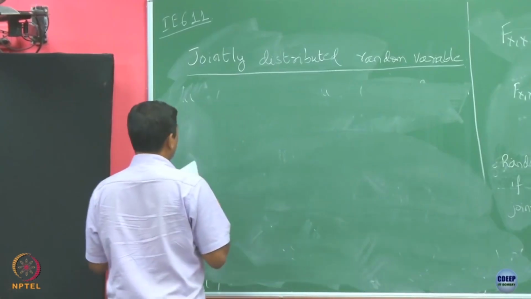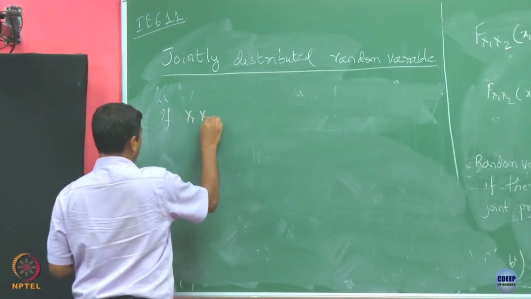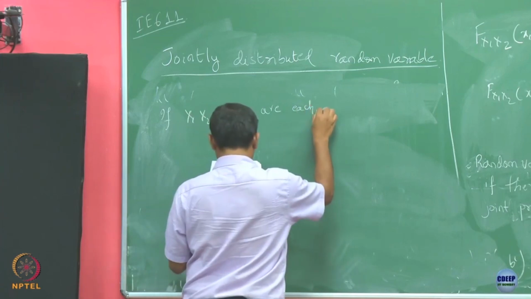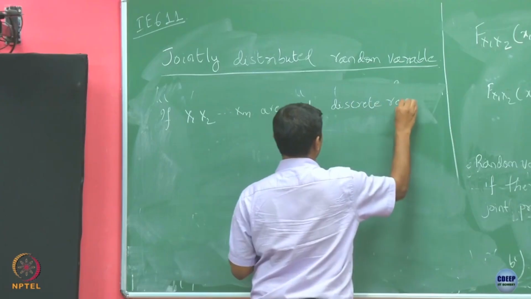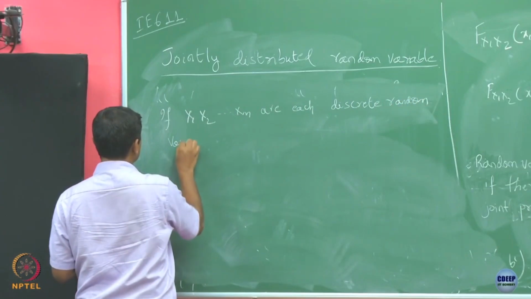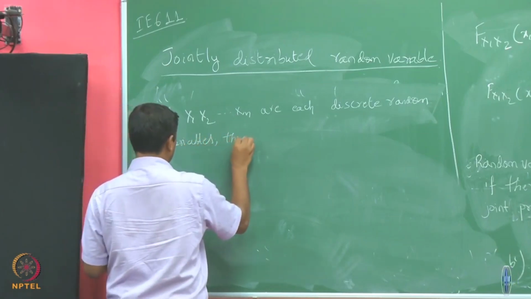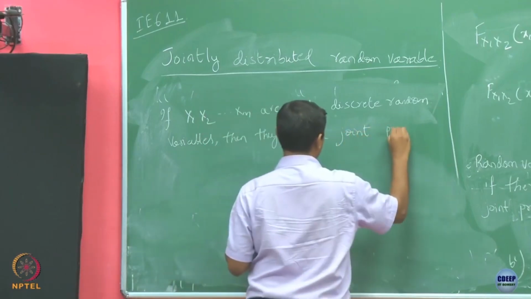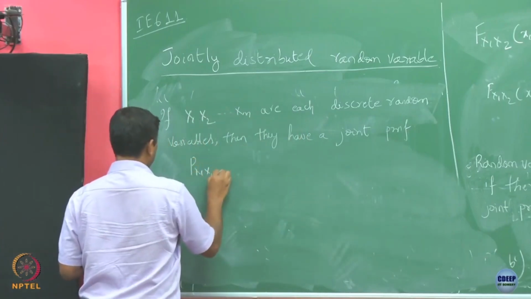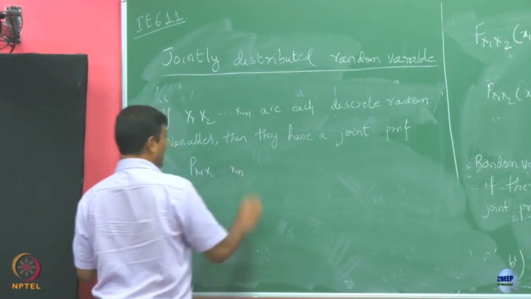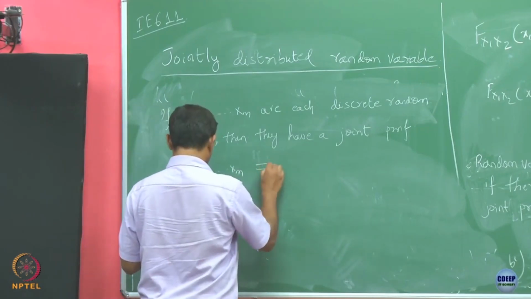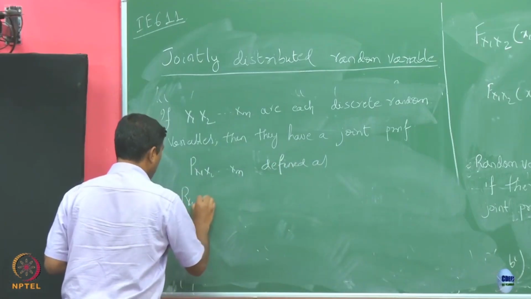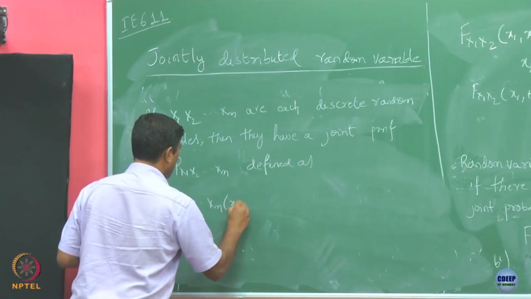We are going to say that if x1, x2, up to xm are each discrete random variables, then they have a joint PMF P of x1, x2 up to xm, which is defined as P of small x1, small x2, up to small xm.